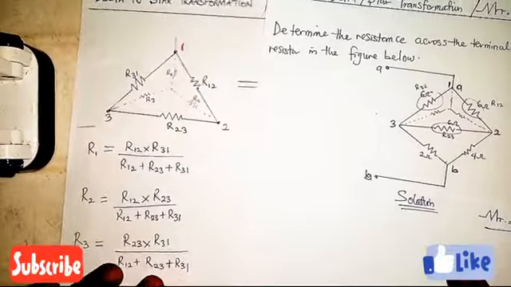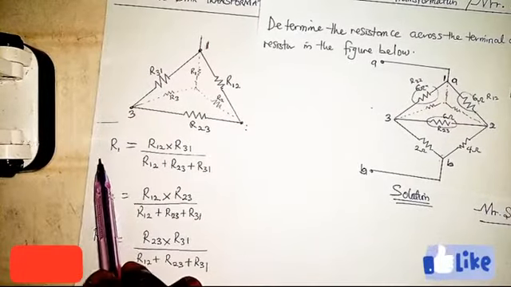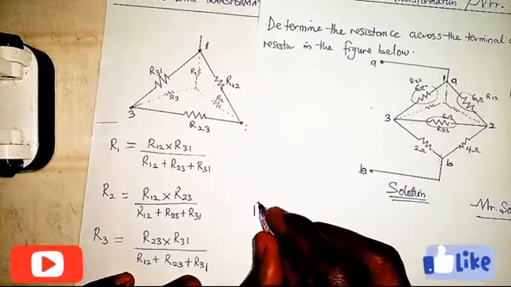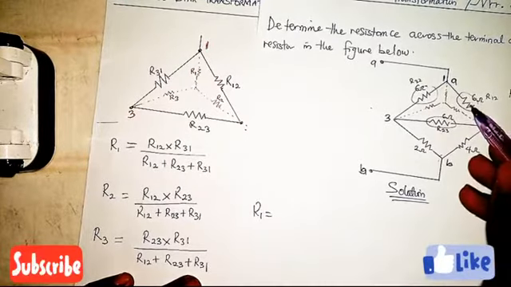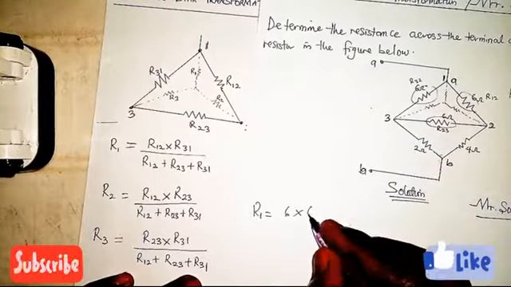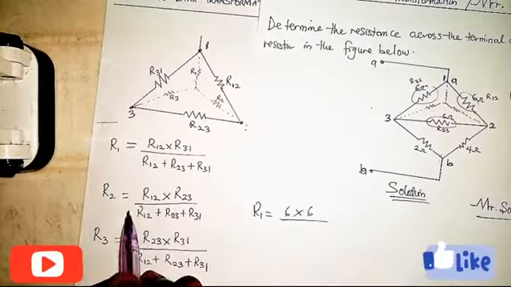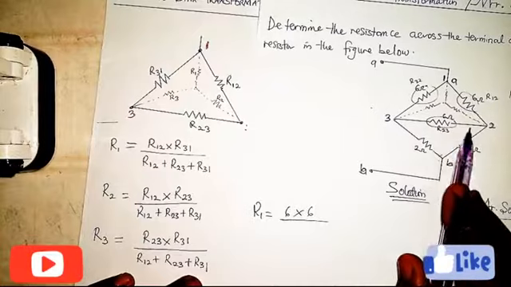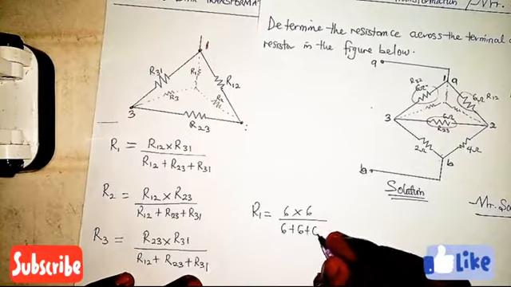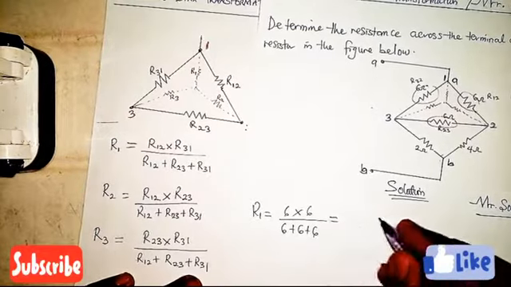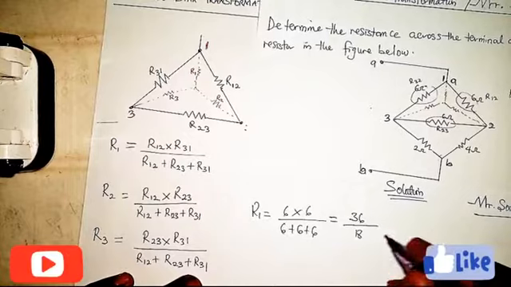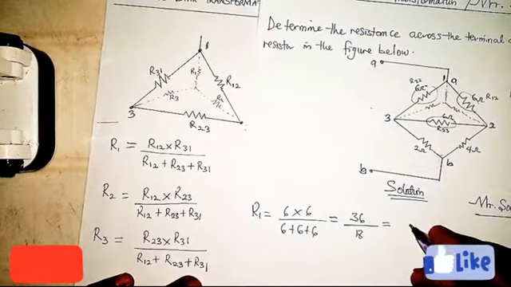In this formula, we can see that our R1 is given by R12 times R31 divided by the sum of all the resistances. So R1 is equal to 6 times 6 divided by the sum of the resistances in this part, which is 6 plus 6 plus 6. 6 times 6 is 36, divided by 18, will give us 2 ohm.